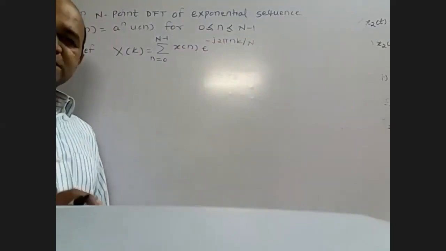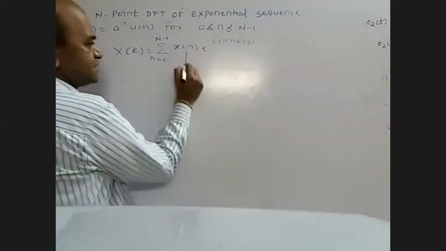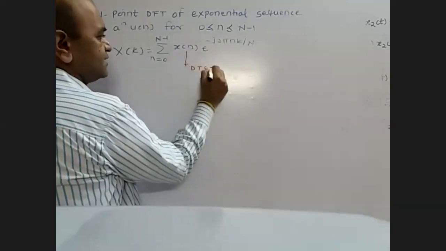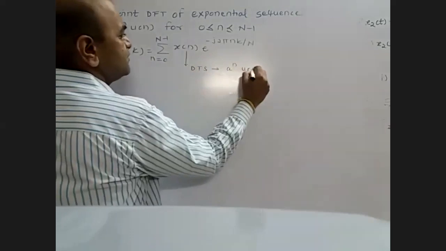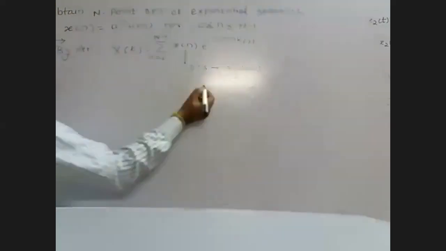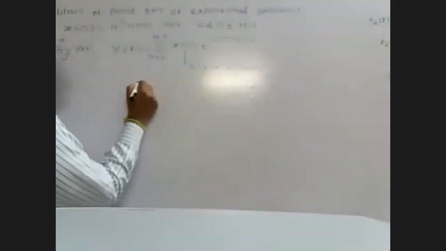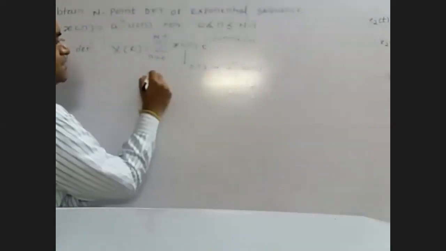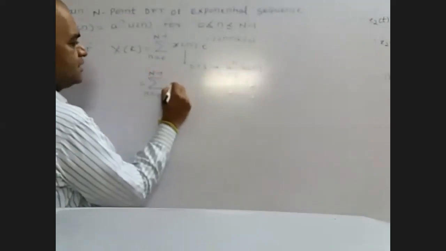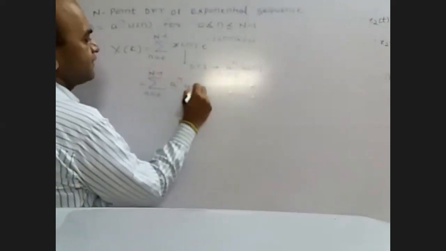In this, the discrete time signal is given as a raised to n u of n. Now we put it in our expression, so we will say the summation of n equal to 0 to N minus 1 of a raised to n u of n.